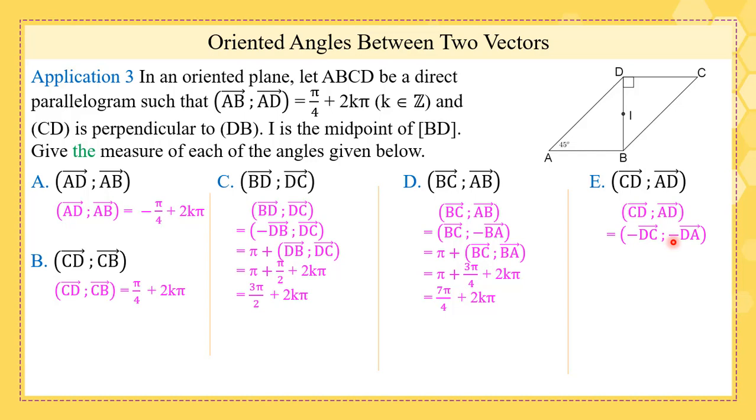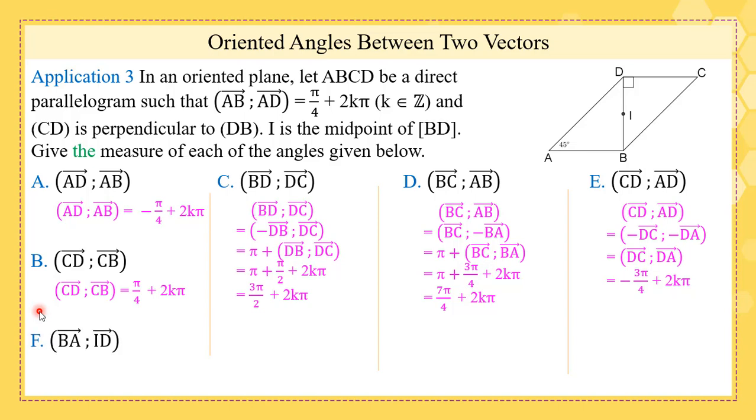So as if we are adding 2 pi, which is nothing, because it's one complete rotation. So this would be the same as (DC, DA), and we go back to the figure. This is a 135-degree angle, and for the orientation, if we rotate from DC to DA, we rotate clockwise, so this is minus 3 pi over 4.